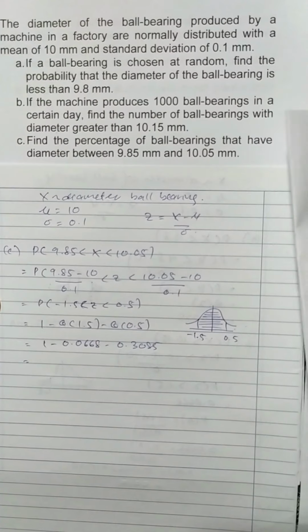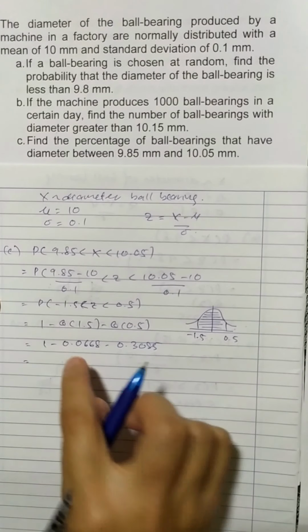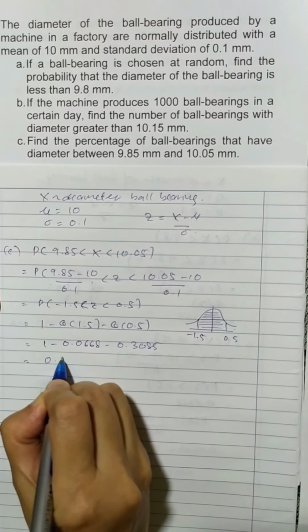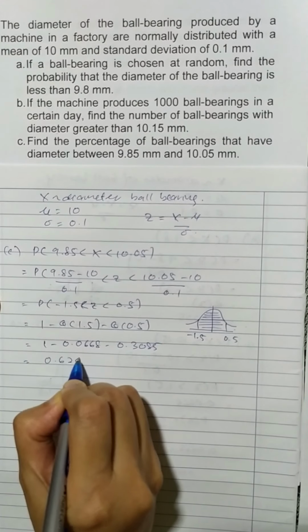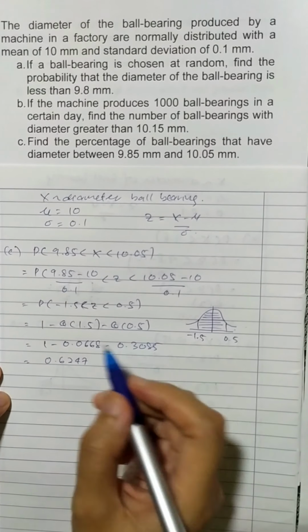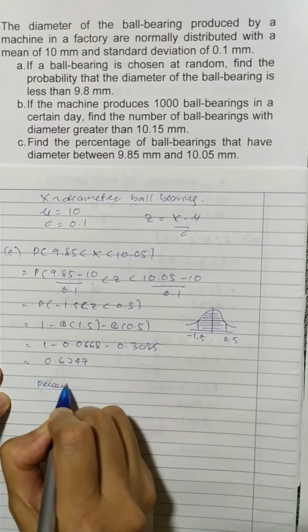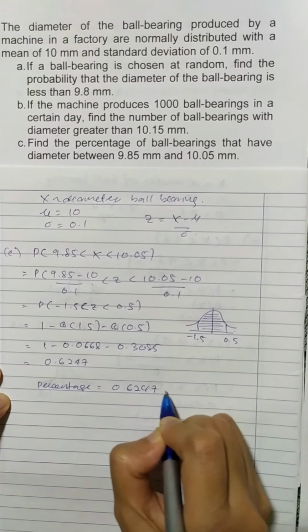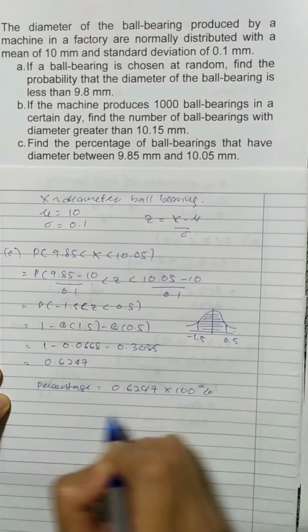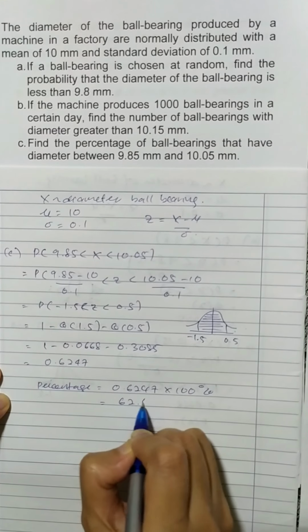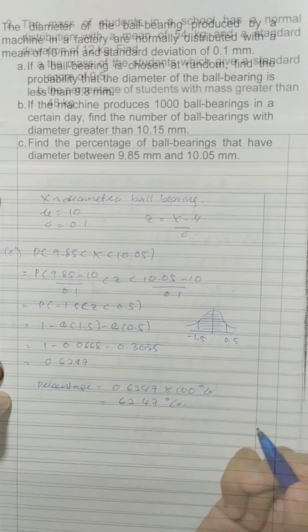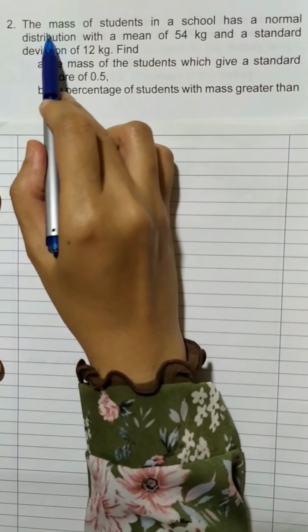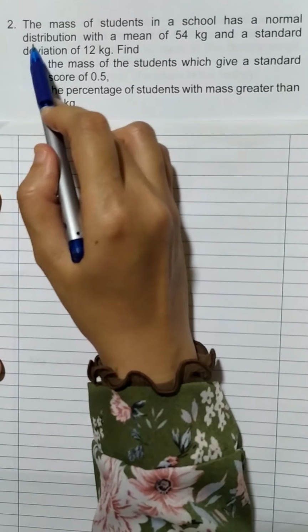Therefore 1 minus these two values is 0.6247. So the percentage is 0.6247 times 100%, which is 62.47%.